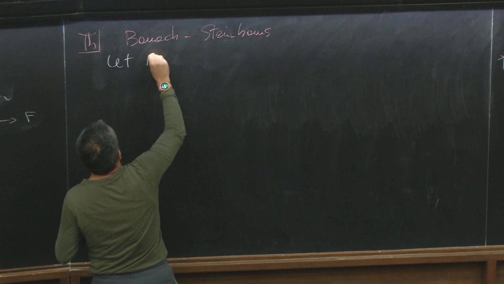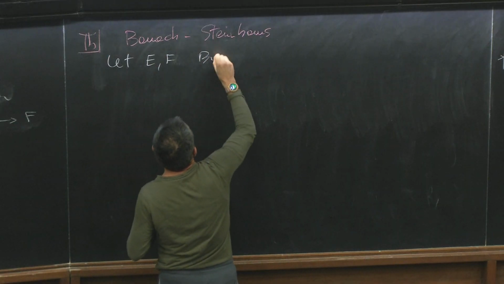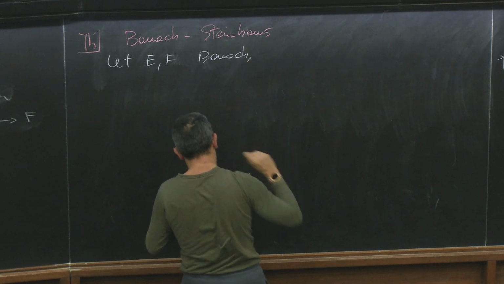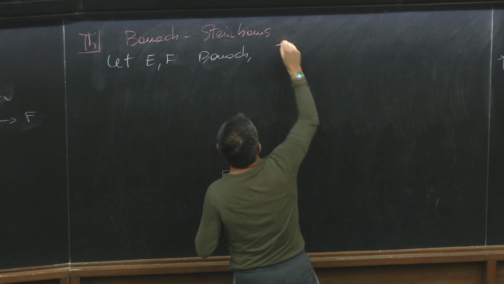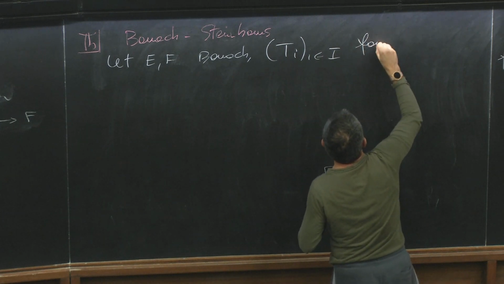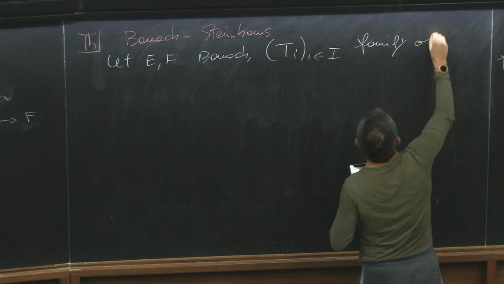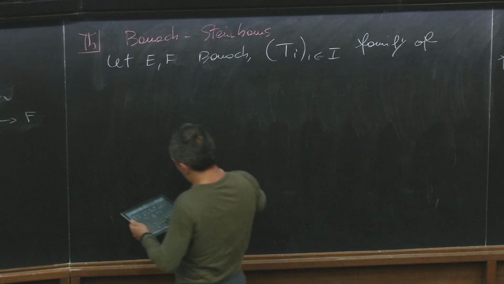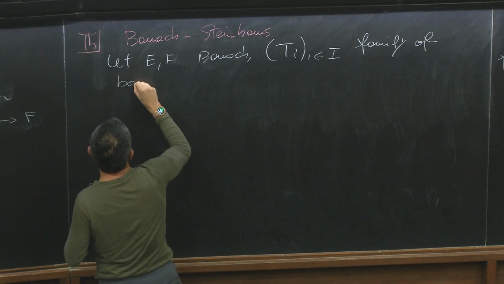So let E and F be Banach, and Ti, with i in some index set I, a family of bounded operators.